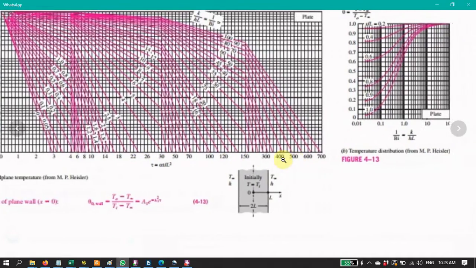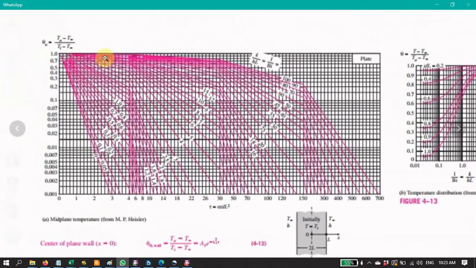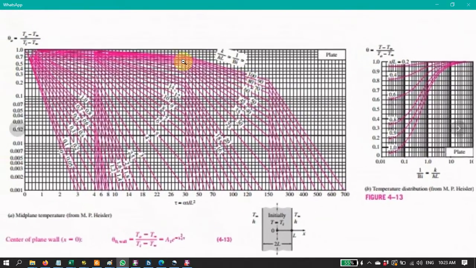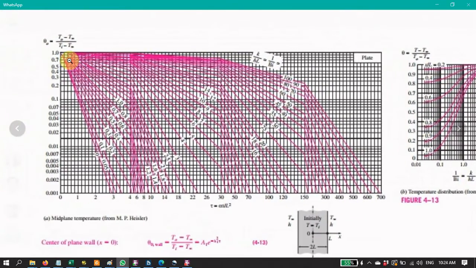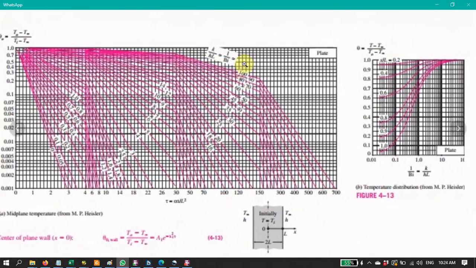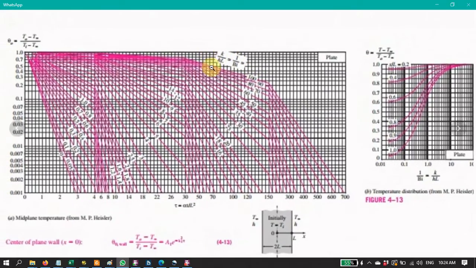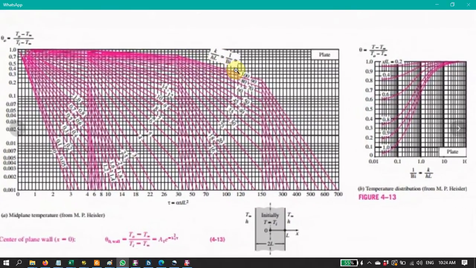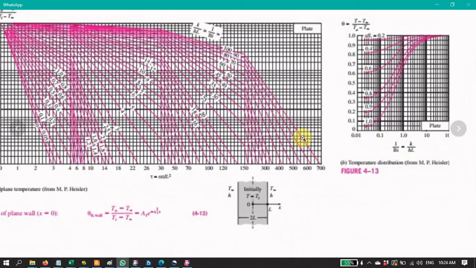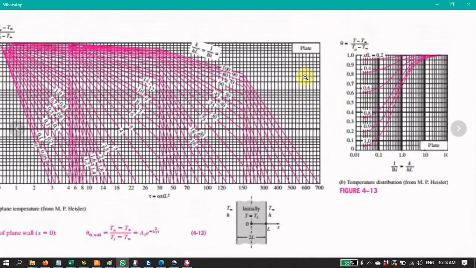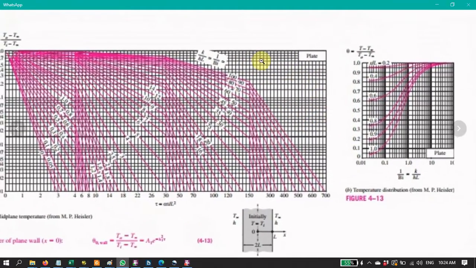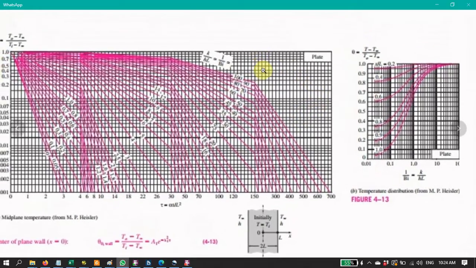The pink lines are the reciprocal of the Biot number, 1 divided by the Biot number. When the system satisfies the lumped system condition, the reciprocal Biot number is 100, right? If we have a Biot number less than 0.1, the figure does not show those values.